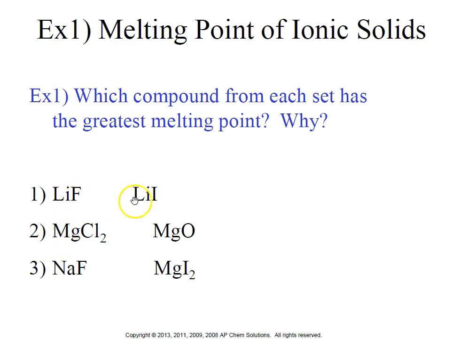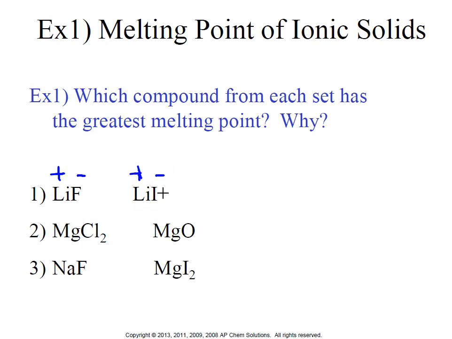So for lithium fluoride and lithium iodide, the first thing you want to look at are those Q values. Think about Coulomb's law, Q1, Q2 over D squared. So think about charges first. Lithium's charge is +1, fluoride -1. Lithium +1, iodine -1. So the charges between these 2 are identical.